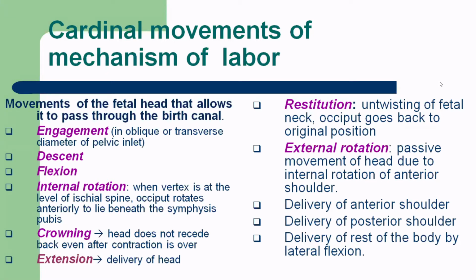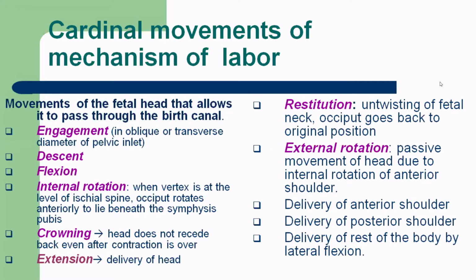Then with further descent, there is crowning of the fetal head. That means the fetal head does not recede back even after the contraction is over, that is, it's continuously visible at the introitus of the mother. Then the fetal head is delivered by extension of the neck. Then after delivery of the fetal head, there is restitution.